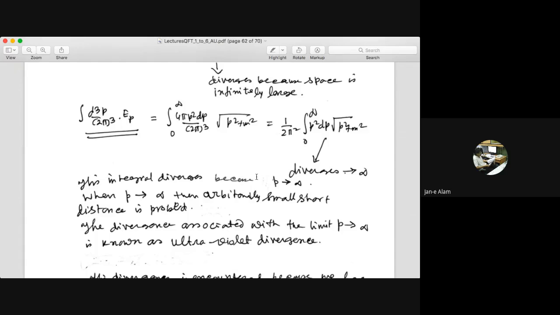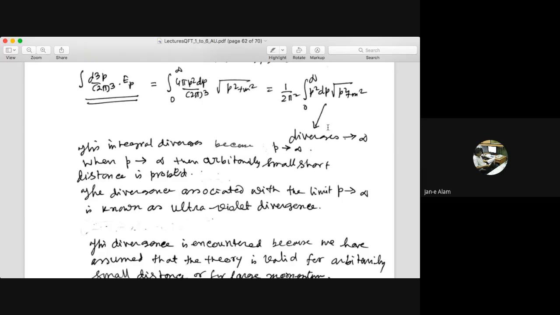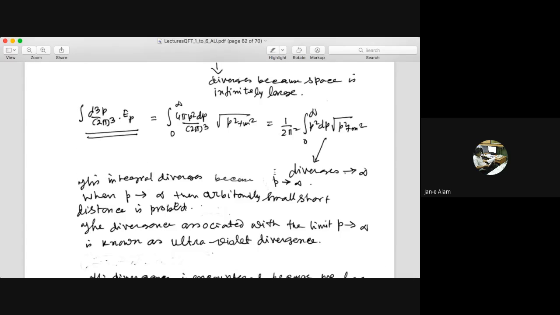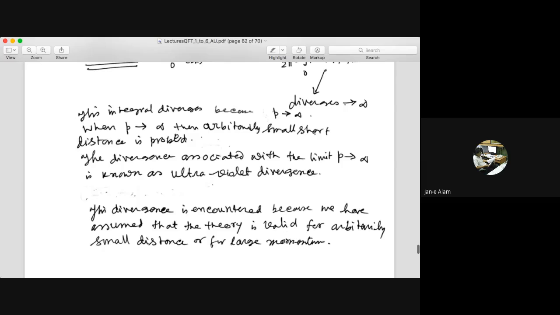If you want to probe arbitrarily small distance, you need momentum tending to infinity, and in that case it will diverge.